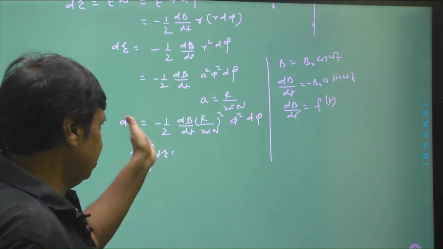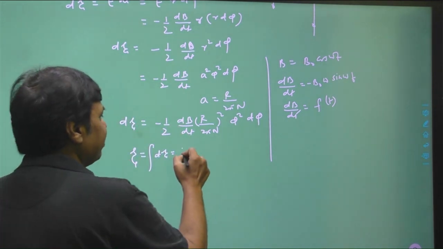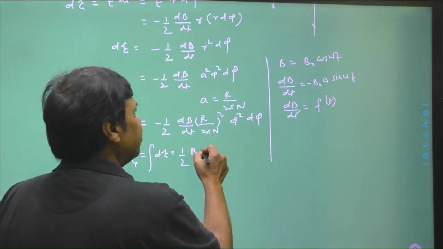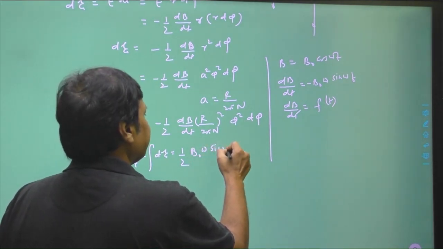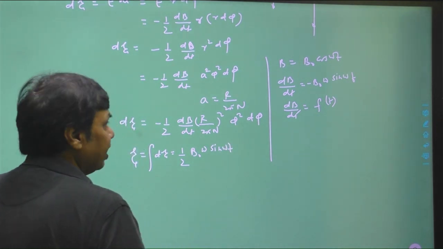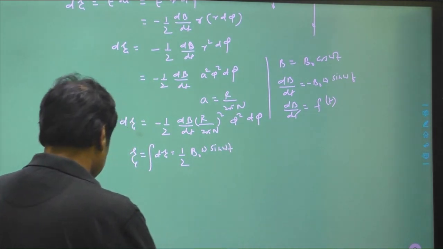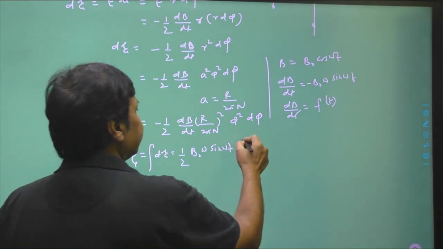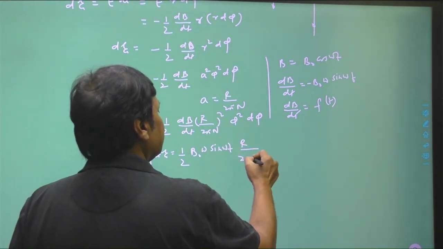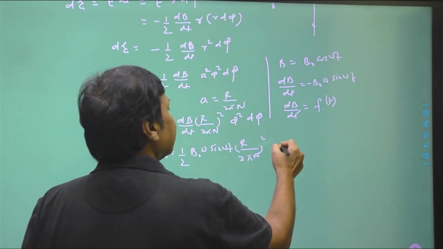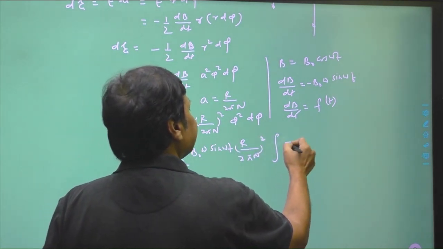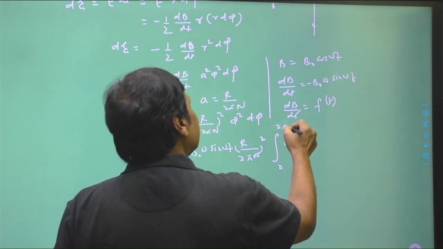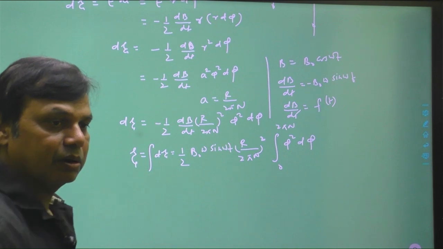You will get half B naught omega sin omega t, and then R upon 2 pi n square, and then you simply integrate phi square d phi, with phi from 0 to 2 pi n, and you will get your result.